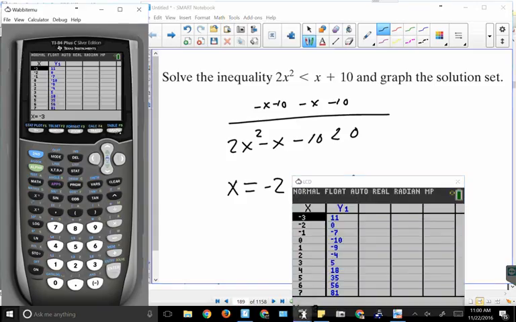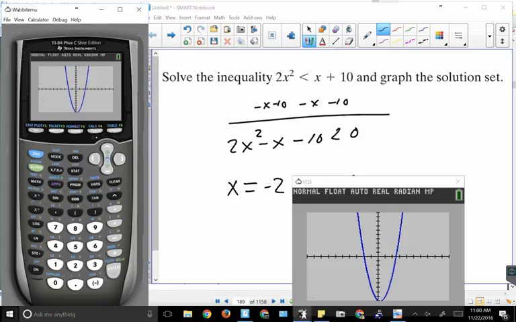So I suppose if you wanted to, you could do a trace and put in a value between those. Let's put in 4.5, and I end up with 26, so that ain't going to do it.